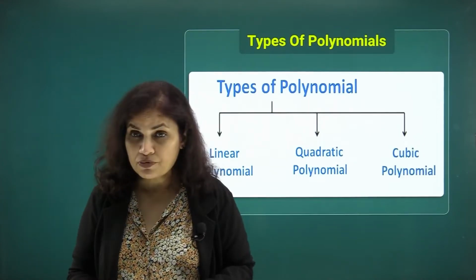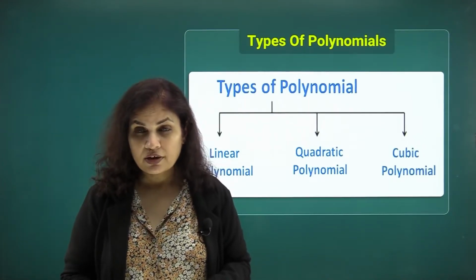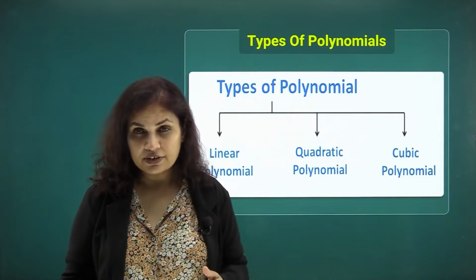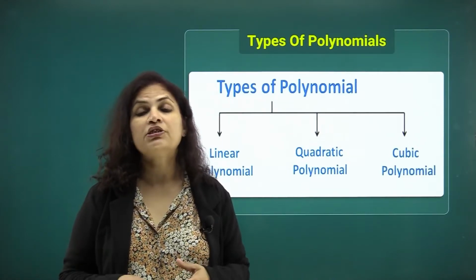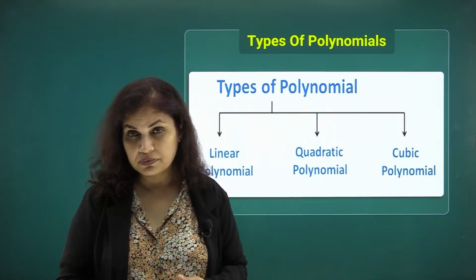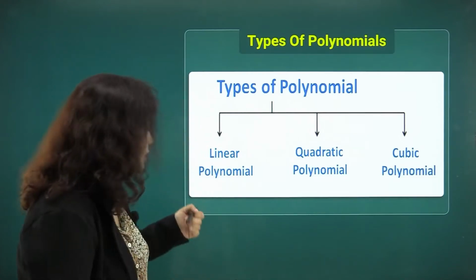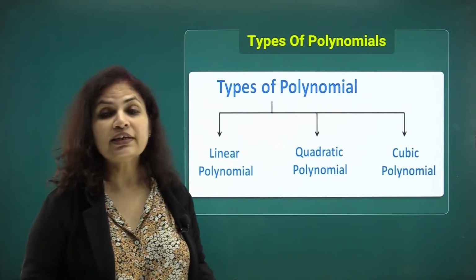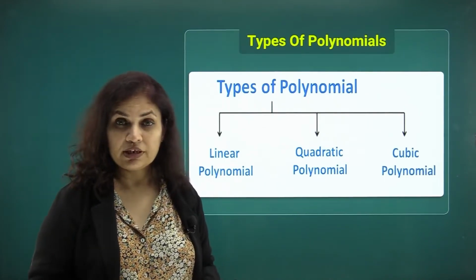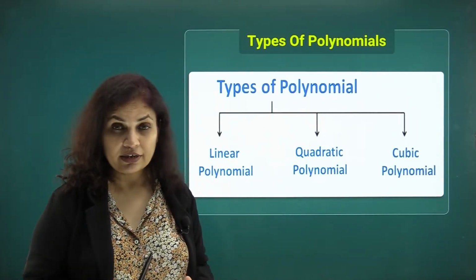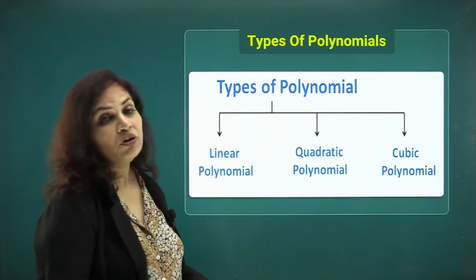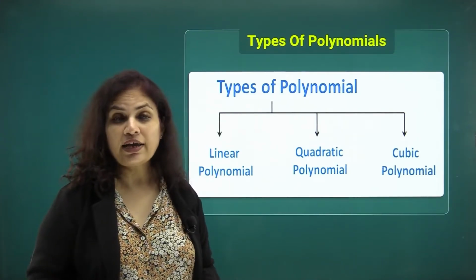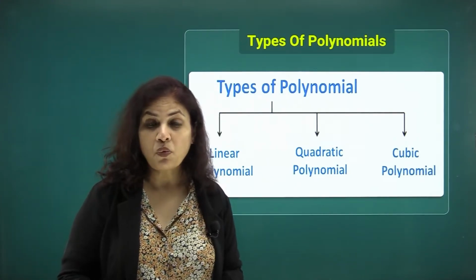Coming to types of polynomials. Of course, if the degrees are different, the polynomials will be of different nature. The first is a linear polynomial. As the name suggests, if we graphically represent this polynomial, it will give me a straight line. And a linear polynomial is one in which the highest degree of the variable is 1.